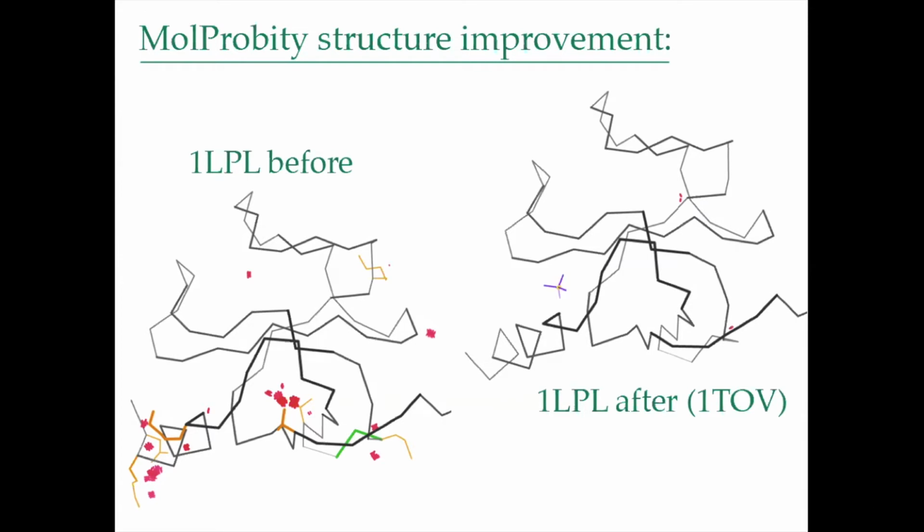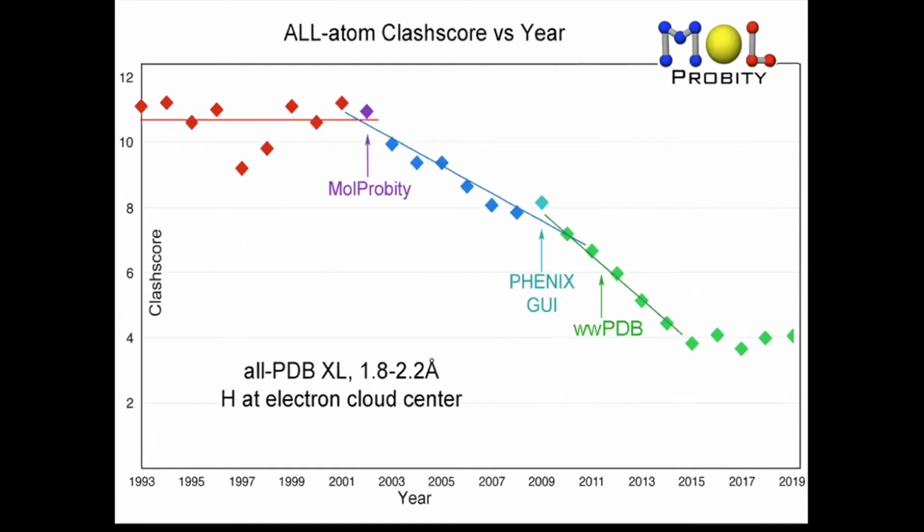And in general, people have been able to make use of this. And over the years, before MolProbity to now, it's sort of leveled off at about as good as you can get easily, pretty close to what's in the good structures. And it's only about 1/3 as many clashes and other outliers as well. So that's been really great.